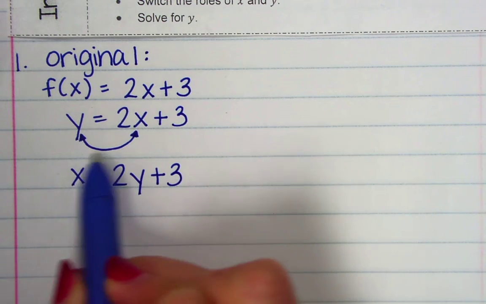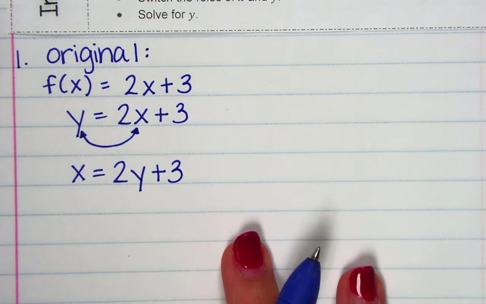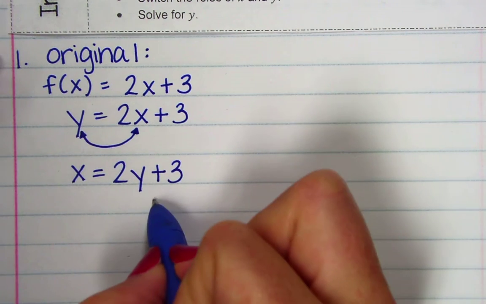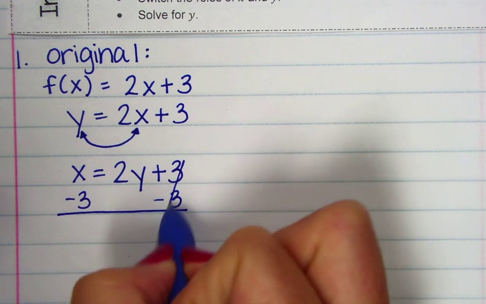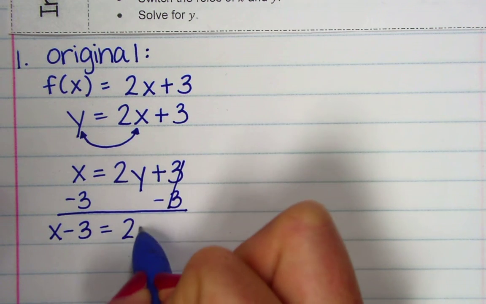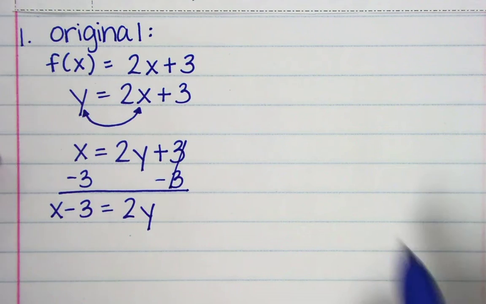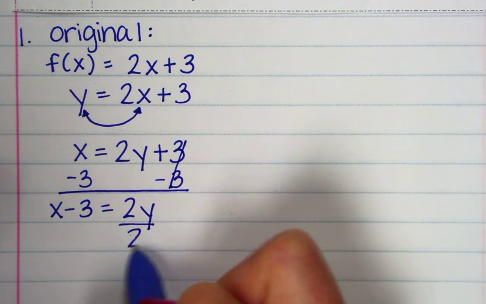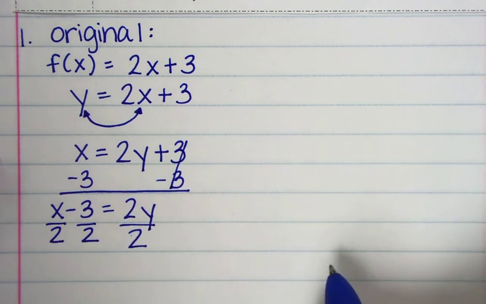So how do I need to solve for y on this one? Move the 3. Yes, minus 3. I'm going to minus 3 on both sides. That gives me x minus 3. Bring down my 2y. Then what? Right, divide by 2. When you divide by whatever's in front of y, make sure you're dividing everything on both sides.